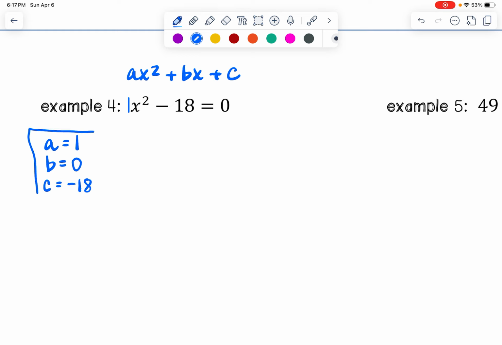So just be careful, right? When you're doing quadratic formula, you can have zeros for your b and your c. You can't for your a though, of course, because you have to have an x squared term to be a quadratic, right? But you can definitely plug in zeros and it still works out just fine.